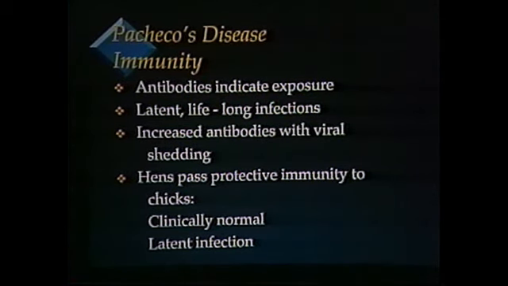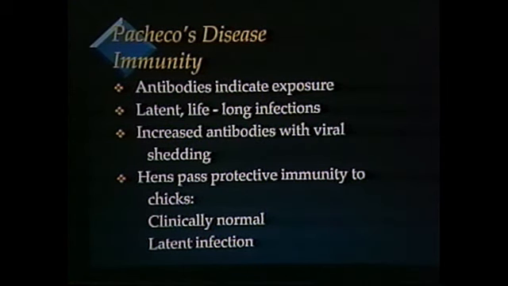As far as the immune system in Pacheco's disease goes, the presence of antibodies indicates viral exposure. They do not necessarily indicate whether the bird has latent infection or is actively infected. However, the virus can cause persistent infections that are latent and may reappear from time to time.